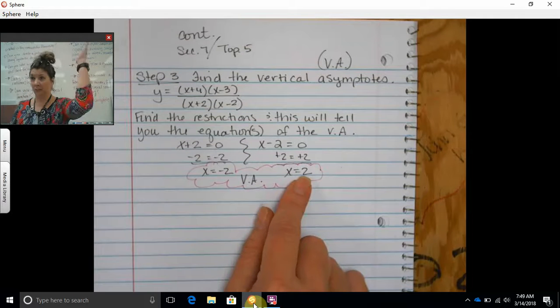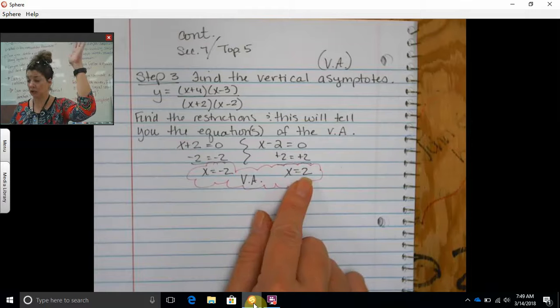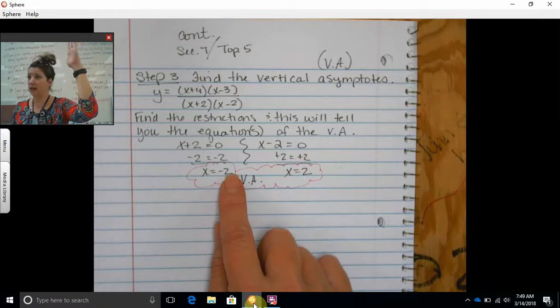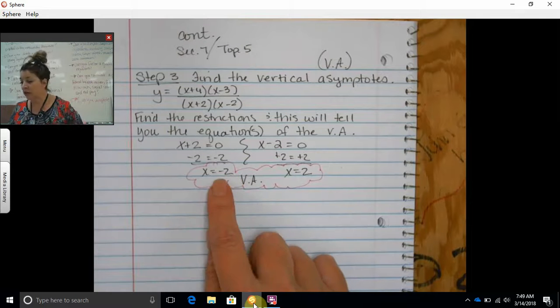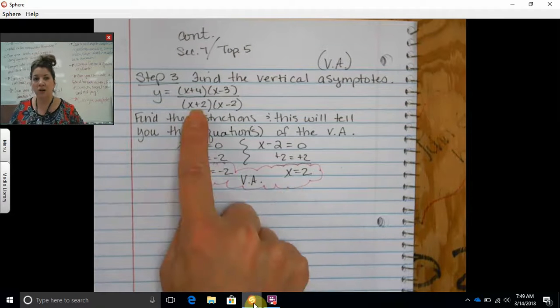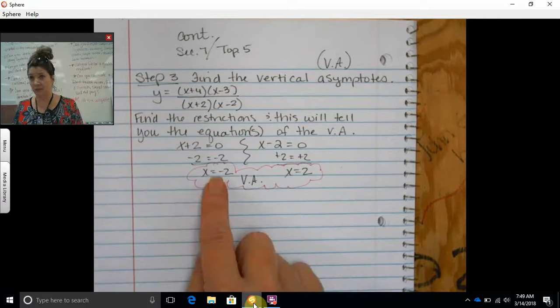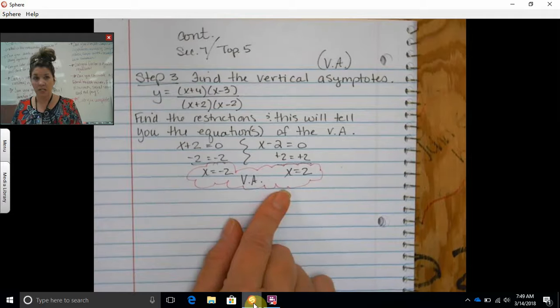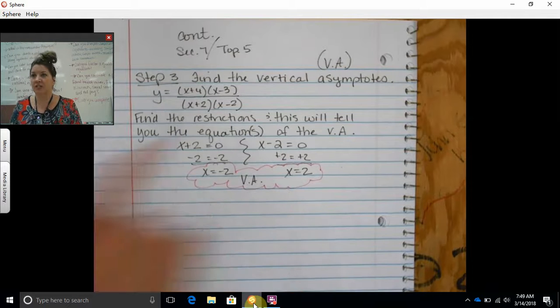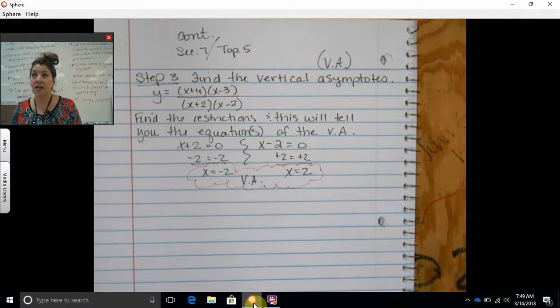Well, you're right, it can't, because you're going to have asymptotes that go through these points, and your graph can't touch an asymptote, so it won't equal these points. Your vertical asymptotes are the same as what, if we had an extraneous solution, would be the same equation as your vertical asymptotes, okay? So we just call them restrictions. If it says state the restrictions, you're saying what, if you had an extraneous solution, what would it be? All right.